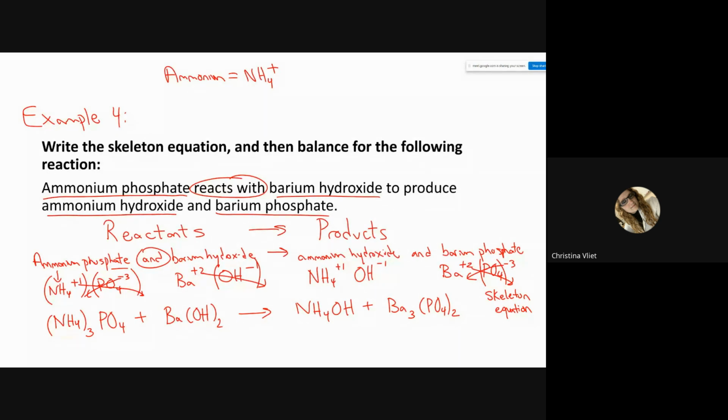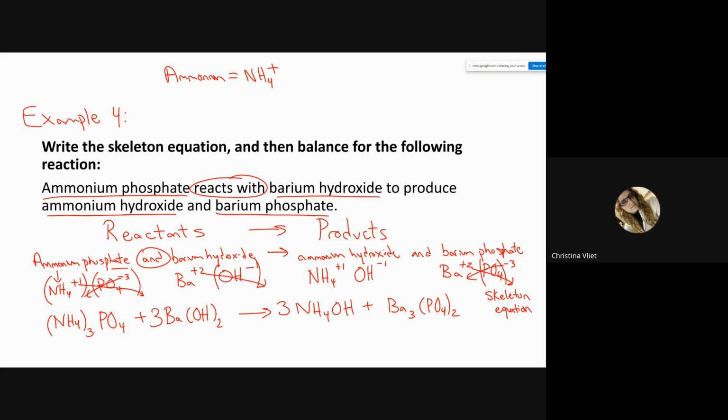And what level of balancing is this? 1, 2, or 3? 2. Because if you have a polyatomic ion, all you've got to do is compare how many you have. You've got 3 ammoniums here, you've got 1 here, so you put a 3 in front. You've got 3 bariums here and 1 here, so you put a 3 in front.